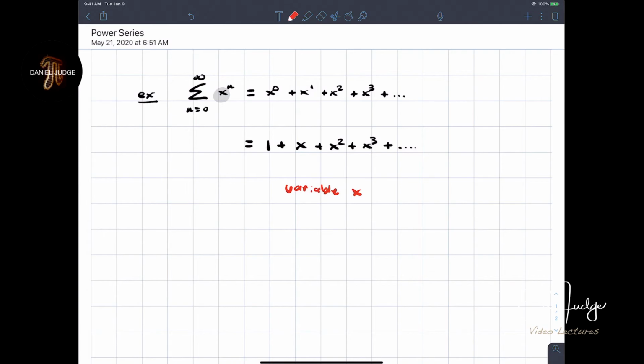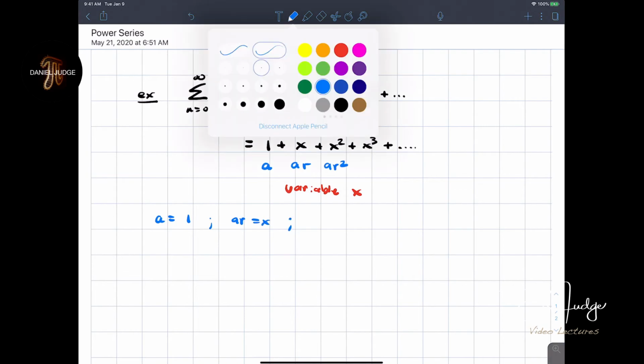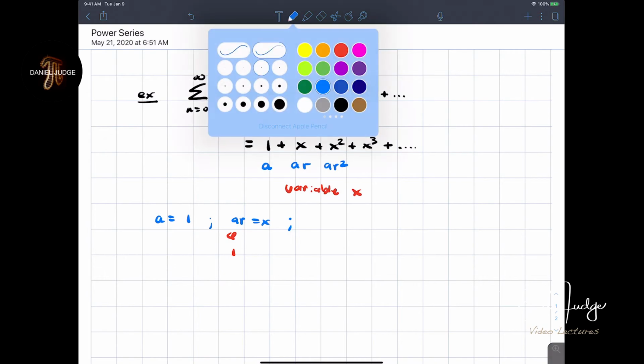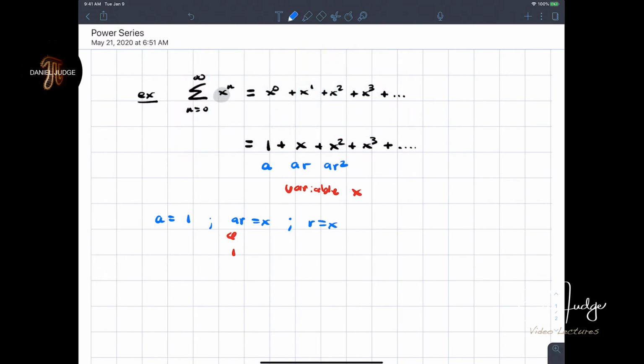Now, this is geometric. You say, how do I know that's geometric? Let's demonstrate this. This is A, this is AR, this is AR squared, and so on. If A is 1, then AR is x, and that means R is x.